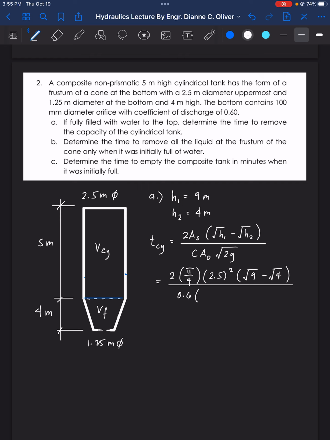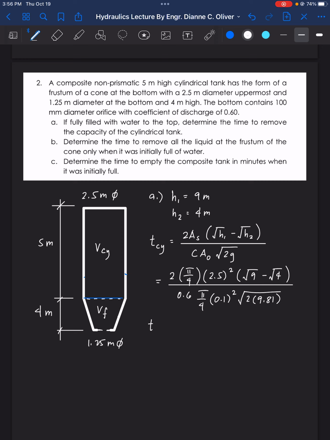The area of the orifice is pi over 4 times the diameter of the orifice, where is the diameter? It's a 100 mm diameter orifice. So 100 mm is 0.1 meter squared, times the square root of twice the gravitational acceleration.